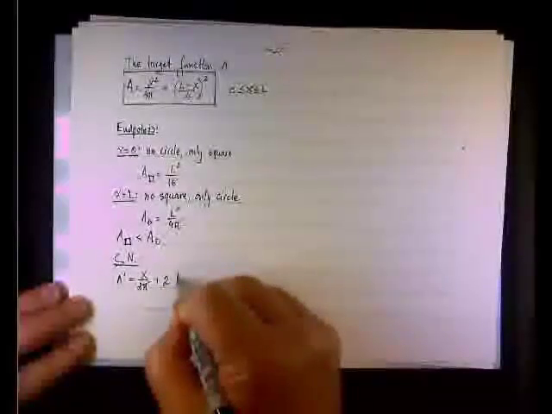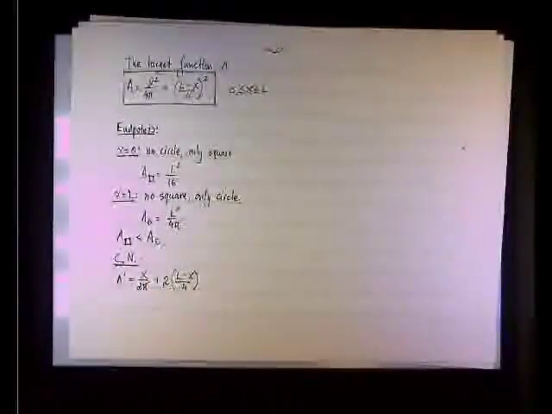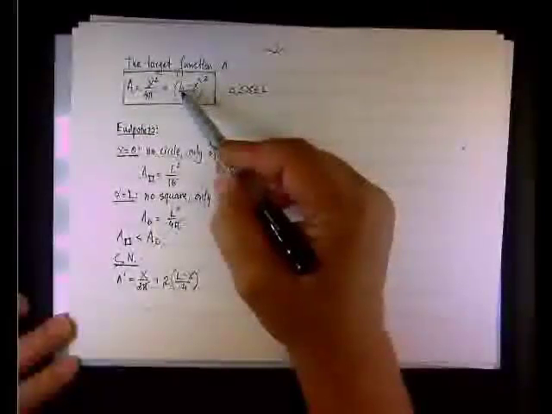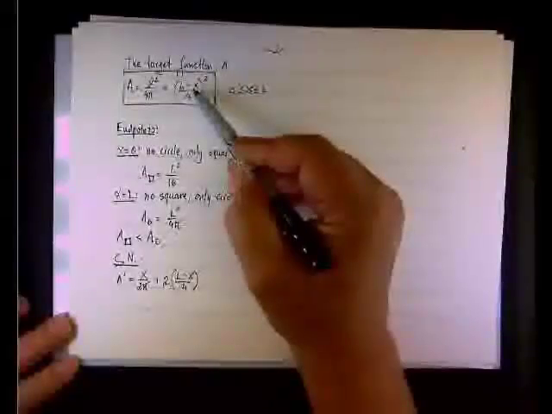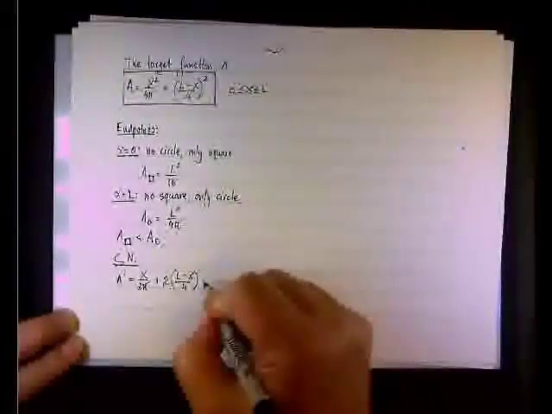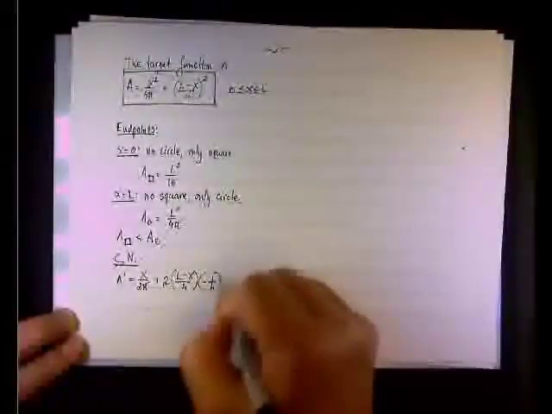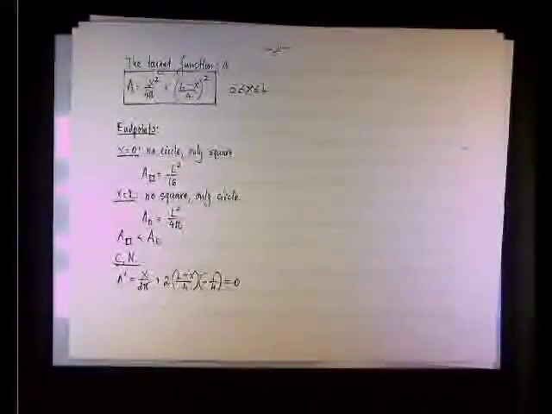And therefore, the derivative will be 2u, or 2 times the quantity L minus x over 4. But now we need to look at du dx, the derivative of L minus x over 4. Well, the derivative of L is 0. The derivative of negative x is negative 1. Divide by 4. So we need to multiply everything by negative 1/4, and we set it to equal 0.